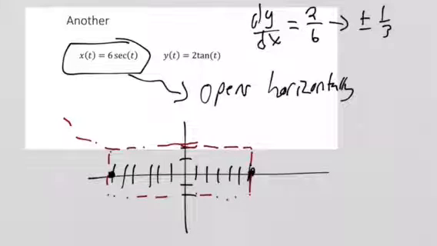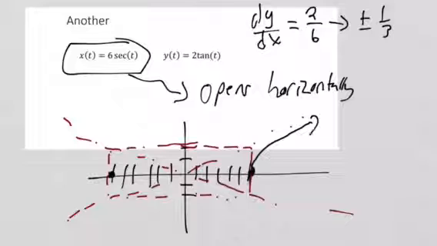So when we draw these diagonals, they're going to have a slope of plus and minus 1/3. So now when we draw our hyperbola, it's approaching a slope of positive 1/3 and negative 1/3.